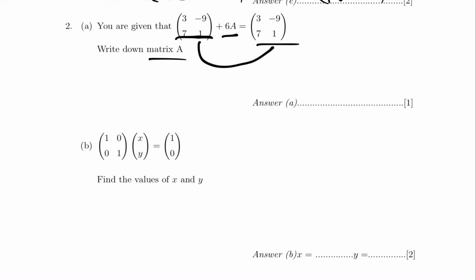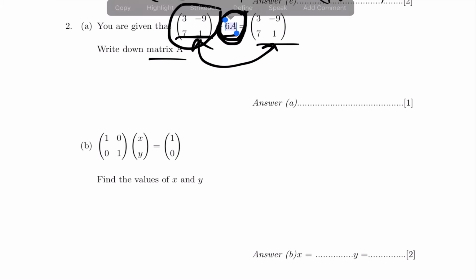What does this mean? It means the 6a doesn't bring any change to the value of this matrix. So meaning A is a zero matrix.